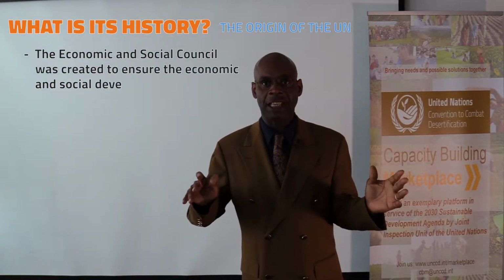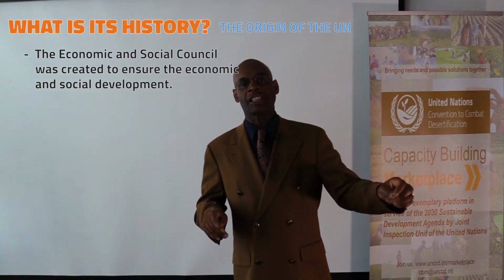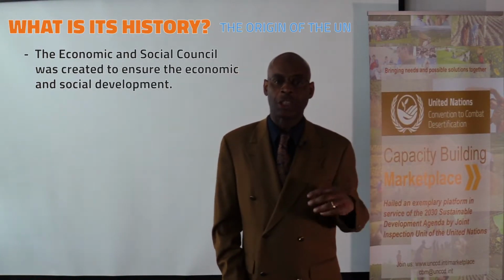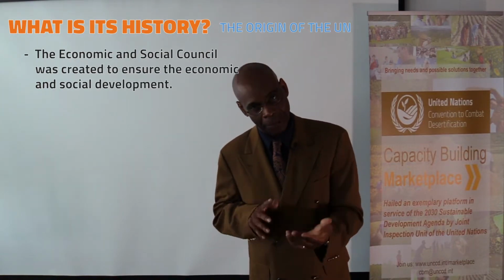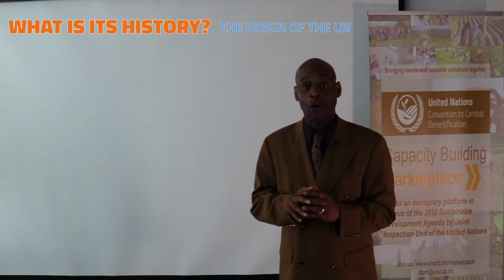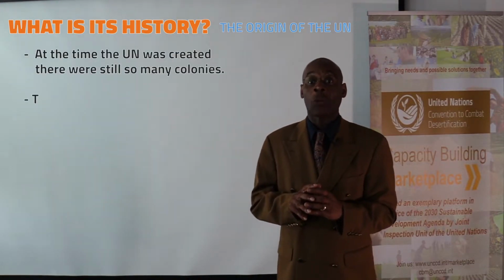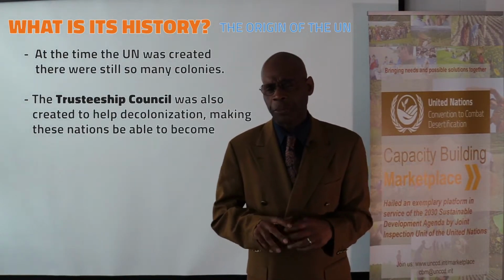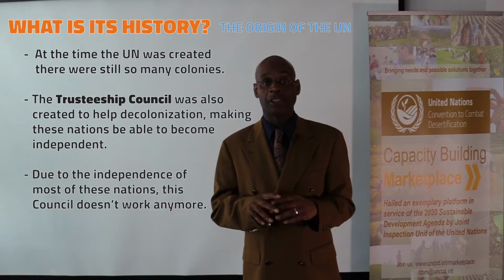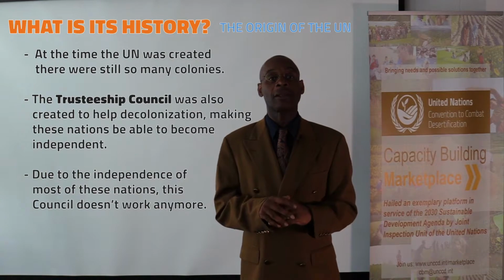And that became a key organ which advises the general body of the United Nations on issues of economic and social development, and so helps in that process. But at that time, in 1945, when the United Nations was created, there were also many nations which were not independent. They were colonies, so to speak. And so a Trusteeship Council was created.